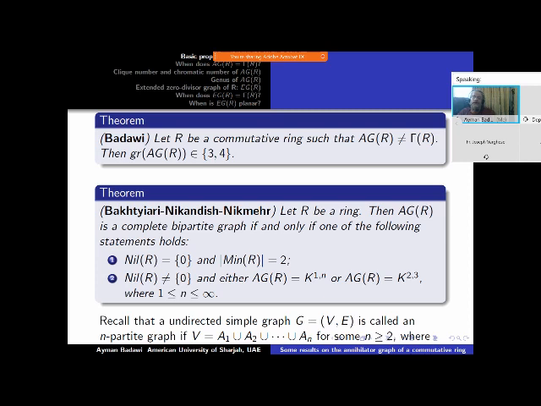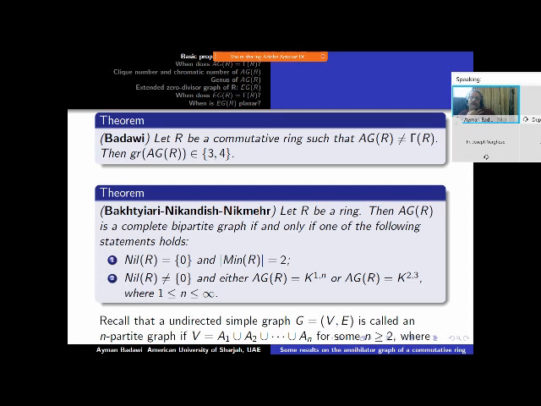These three Iranian mathematicians said if you take any ring R, then the annihilator graph is complete bipartite if and only if one of the following holds. The nilradical of R is 0 and the number of minimal prime ideals of R is 2.